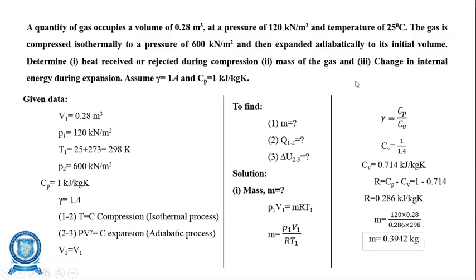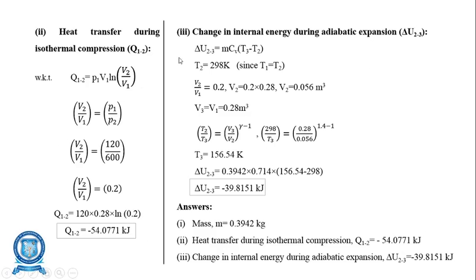Here we are going to find the change in internal energy during expansion only, so the process is 2 to 3. Therefore I name it delta U 2 to 3, equal to m Cv (T3 minus T2).